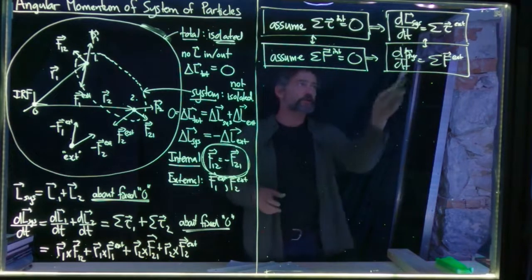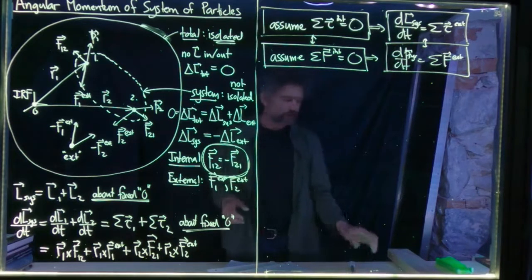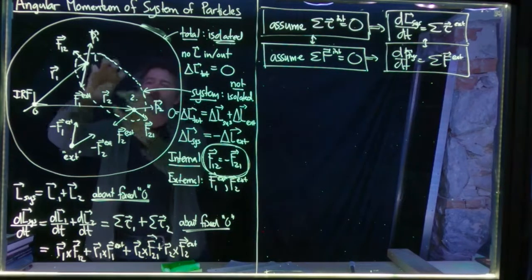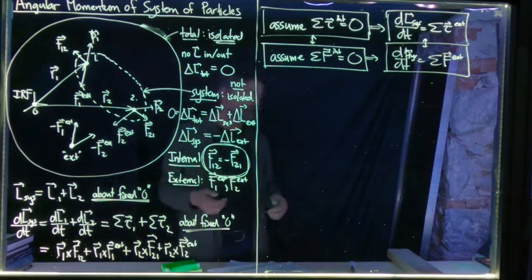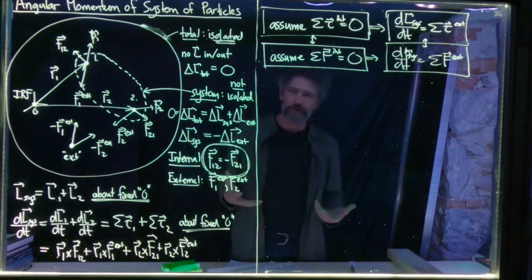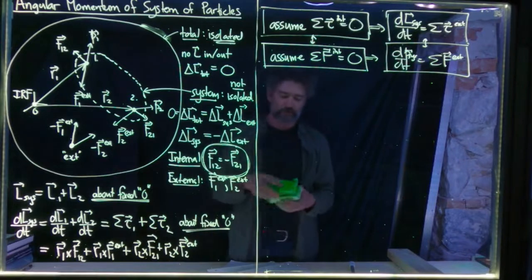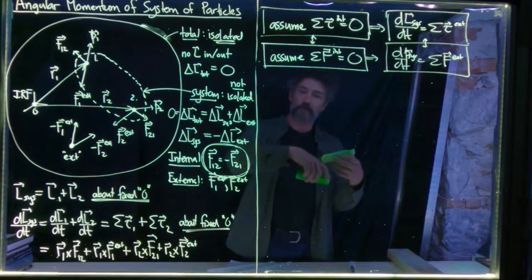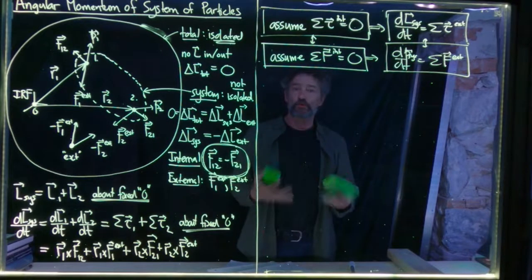What this says is that, sure, you might have particles or objects inside your system that are exerting internal forces on each other, but those internal forces may transfer momentum from one particle to the other, and there will be an equal and opposite amount of momentum transferred from the second particle back to the first, so that there's no change.